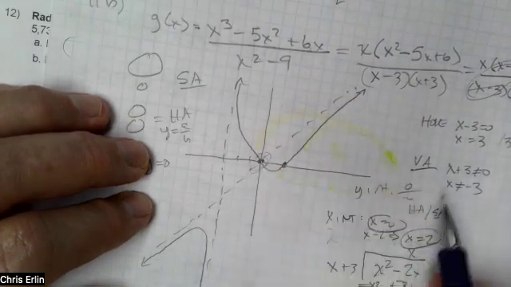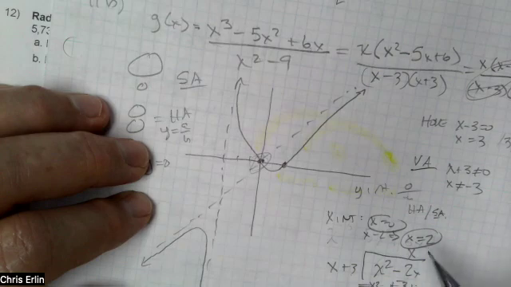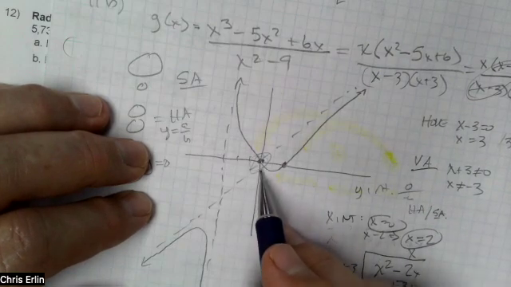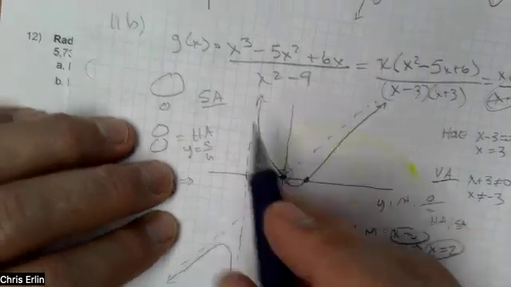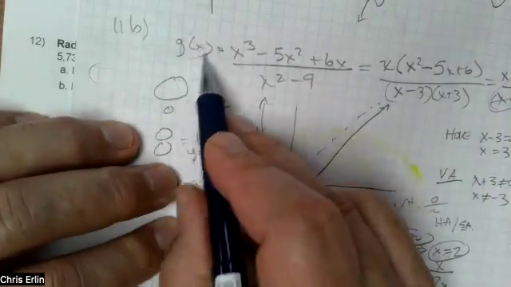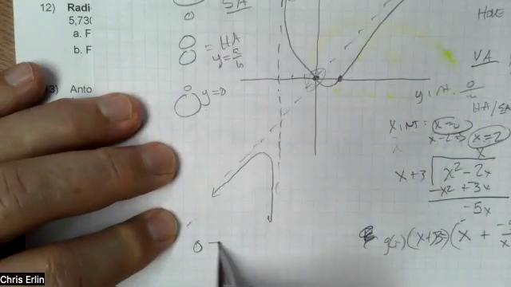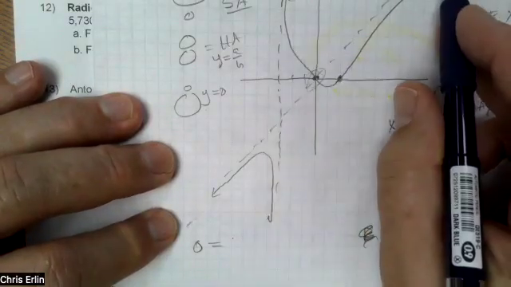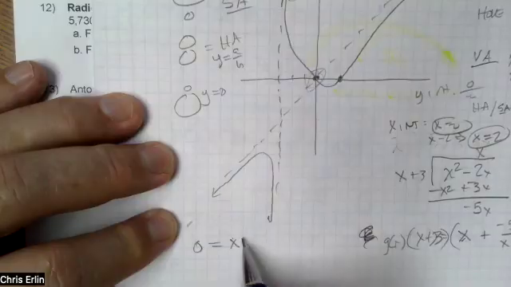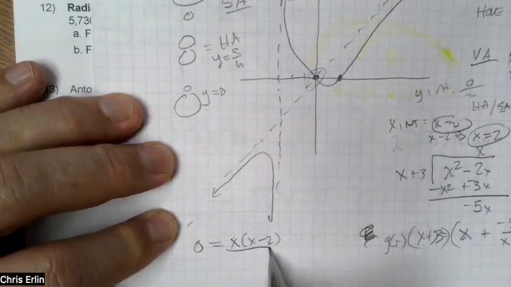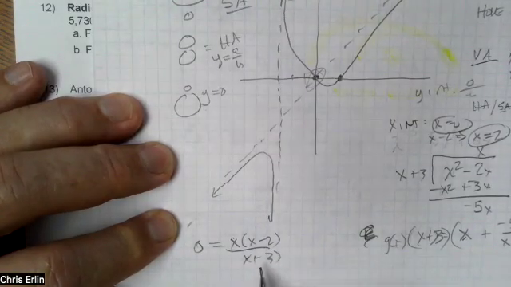Note, this showed up a couple times. We saw it as a y-intercept. We saw it as an x-intercept. We also could have tested that by saying, now, wait a minute, does this actually work? In other words, does my whole function ever equal 0? So if I take the function and set it equal to 0, I'll use the simplified form. So I'm going to get x times x minus 2 over x plus 3.